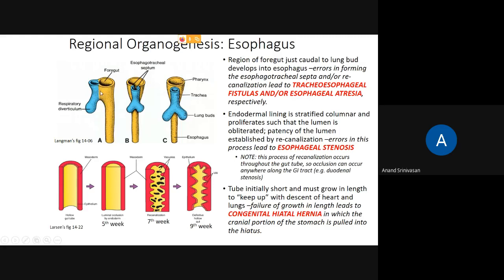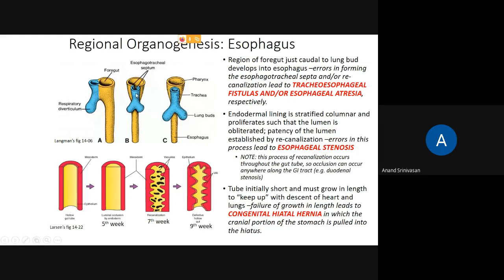And if this tracheoesophageal septum is not separated completely, it leads on to tracheoesophageal fistula or esophageal atresia. This we have seen in the development of the respiratory tract, the five different types of tracheoesophageal fistulas, isn't it?